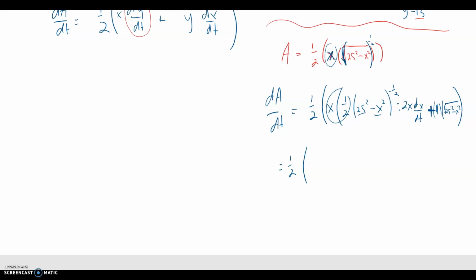I got a 10. I'm going to plug in 20 here, so I have the square root, in the denominator, of 25 squared minus 20 squared. That's going to be a perfect square, so that's nice. That's a negative 2x, dx/dt is 2, and then this is 25 squared minus 20 squared.